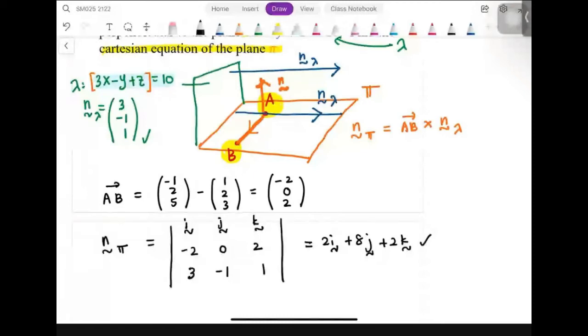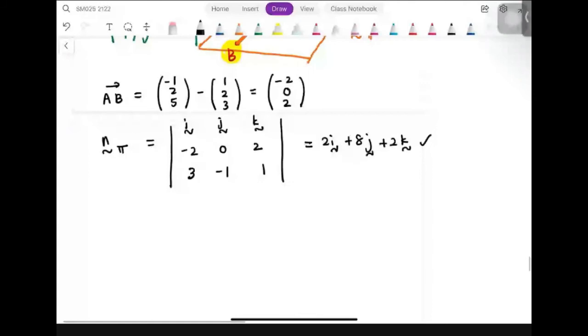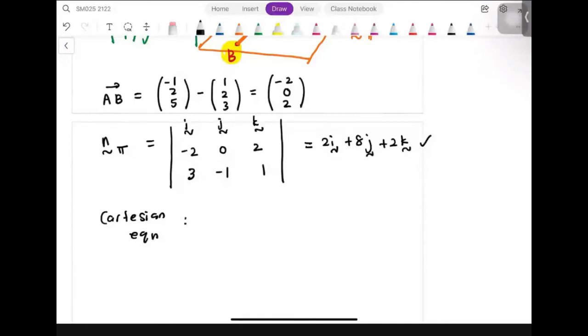So, once we obtain the normal vector, now barulah kita boleh masuk nak cari Cartesian equation plane. So, Cartesian equation should be r dot n, a dot n. Remember, r is x, y, z sebab dia nak Cartesian. Normal, what we found just now. So, 2, 8, 2 equal to A is point on a plane.